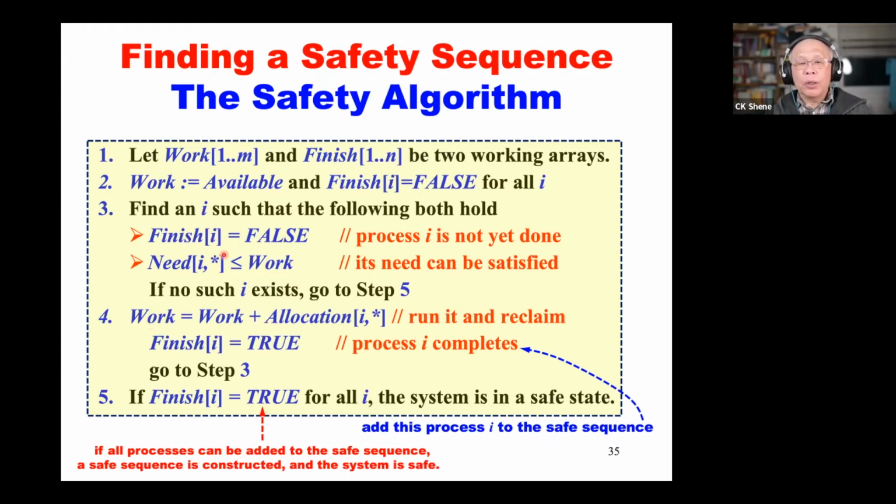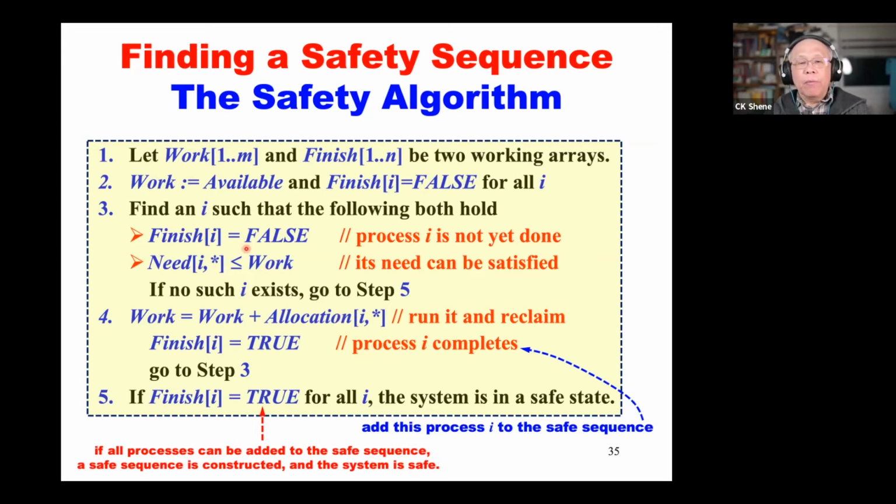If you couldn't find such an i, either several of them would have finished to be not false, or the need is greater than work. So keep this in mind. These two conditions are connected by an AND. That is, you're going to find an i such that finish[i] is false and process i's need is less than or equal to work. If no such i can be found, go to the next step.